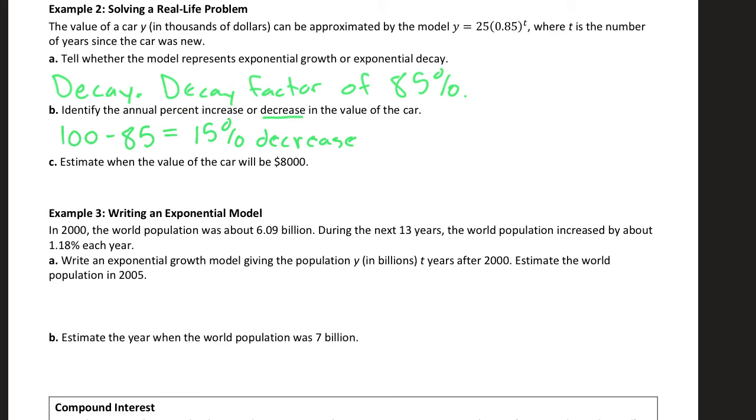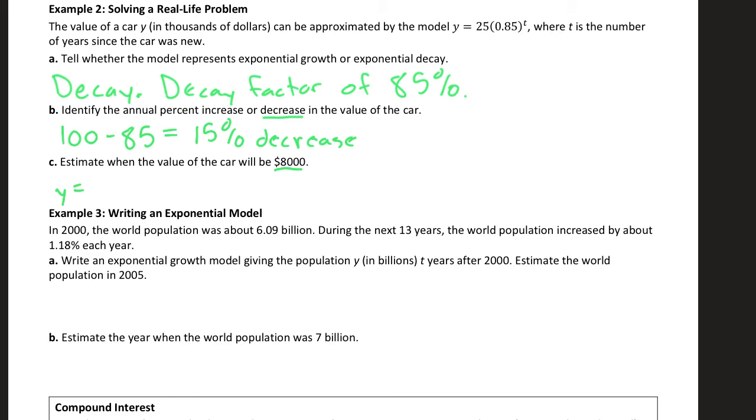So we want to estimate when the value of the car will be $8,000. I haven't shown you a lot of strategies for this yet, but essentially this is us testing values. You could do this a few different ways. You could take this function and graph it in Desmos, which is what I would do, and find where the y value is 8,000.